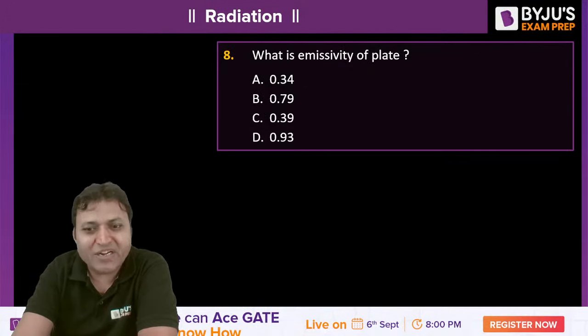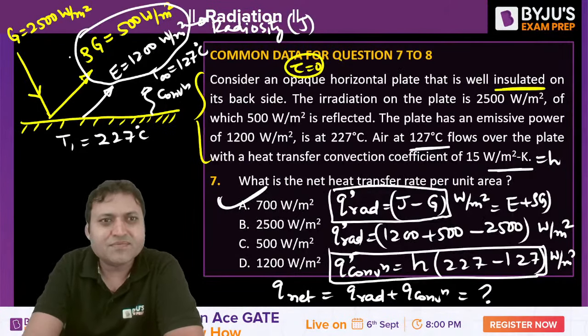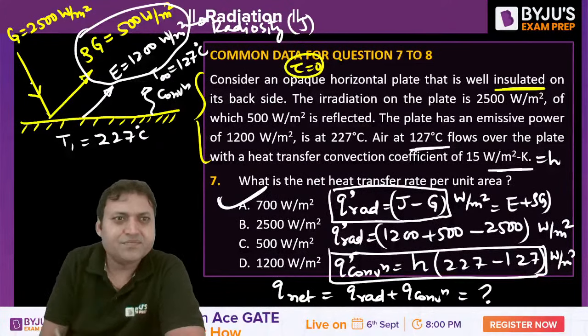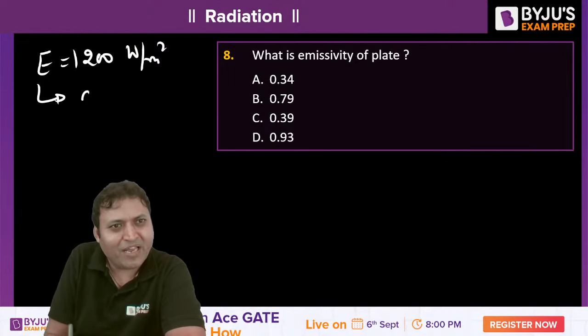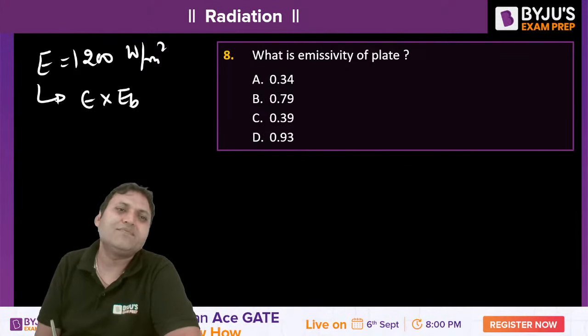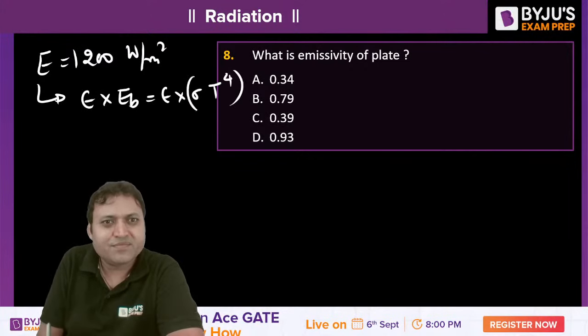What is the emissivity of the plate? Emissive power is given as 1200 watt per meter square. This emissive power can be written as emissivity into emissive power of the black body. That will be equal to emissivity into sigma into T to the power 4.